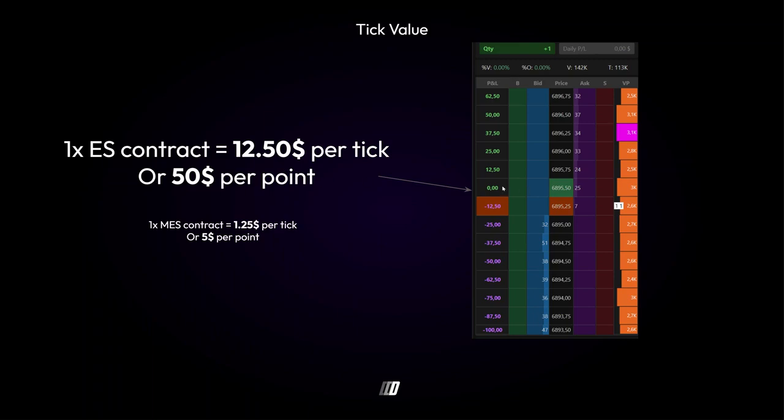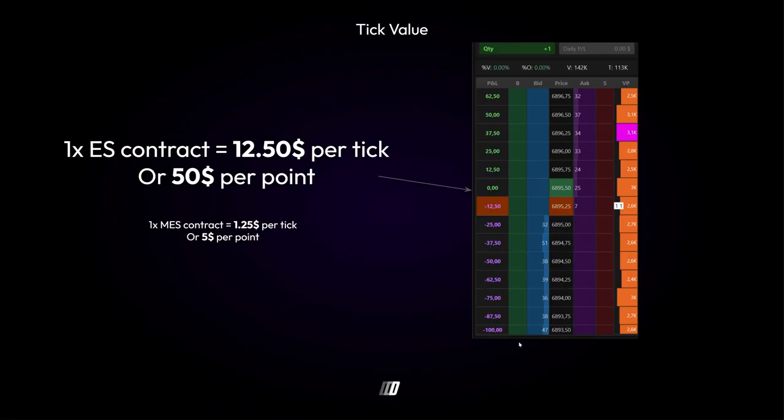For example, I bought here at 6895.50. My P&L is 0. As soon as I go up 1 tick it's 12.50, up 1 tick 25, up 1 tick 37.50, 62.50, and so on and so forth. And if, of course, price goes down because I bought, I'm going to lose 12.50, 25, 37.50, 50, and so on and so forth.